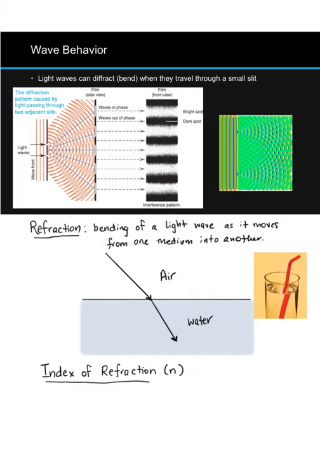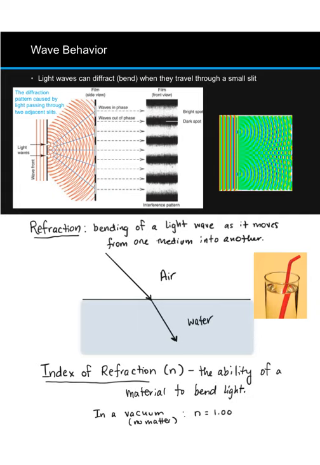This index of refraction, given the symbol lowercase n, is the ability of a material to bend light. This is a unitless quantity and is relative to a vacuum, where there's absence of material. In a vacuum, the index of refraction is 1. To a good approximation, the index of refraction of air is likewise about 1.